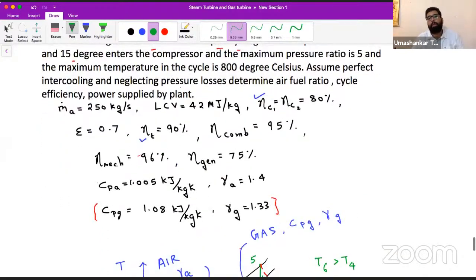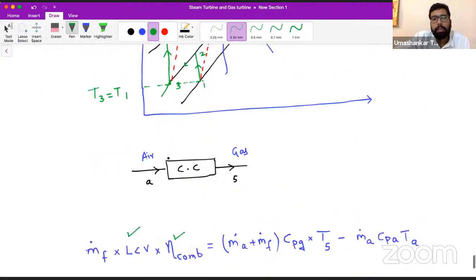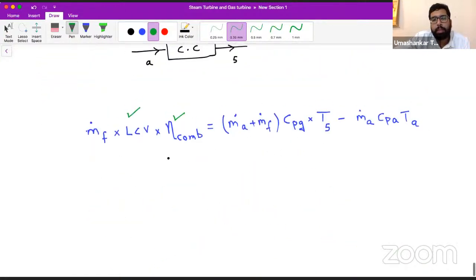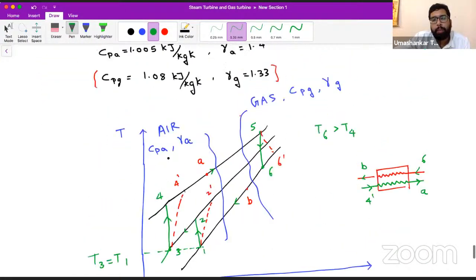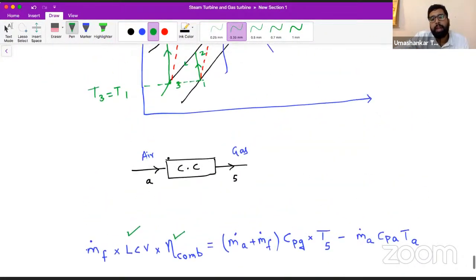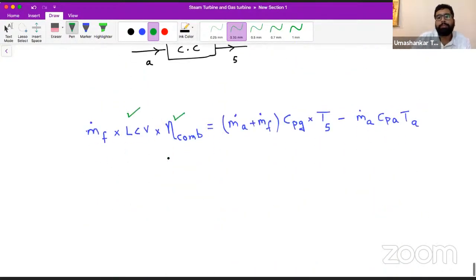If you use this approach, you will find that solving numericals becomes easy. We have this CPG, so we put a green tick there also.